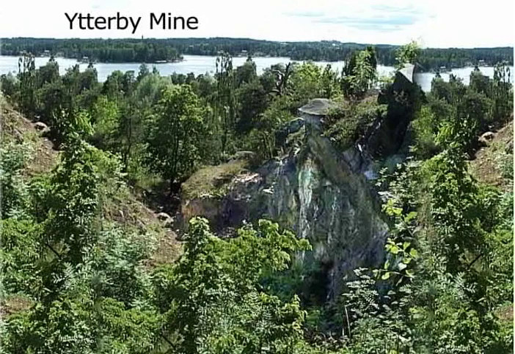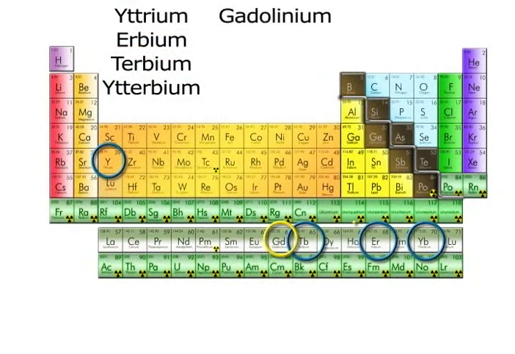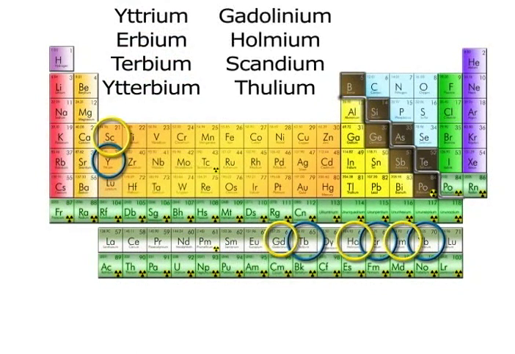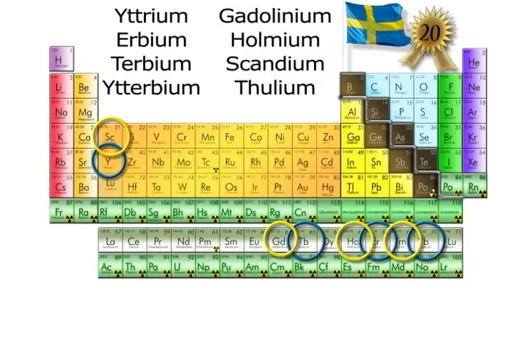4 other elements also were discovered in the Ytterby mine: gadolinium, holmium, scandium, and thulium. And if that wasn't enough, the entire country of Sweden holds the world record for element discovery, 20, followed by Britain with 19.